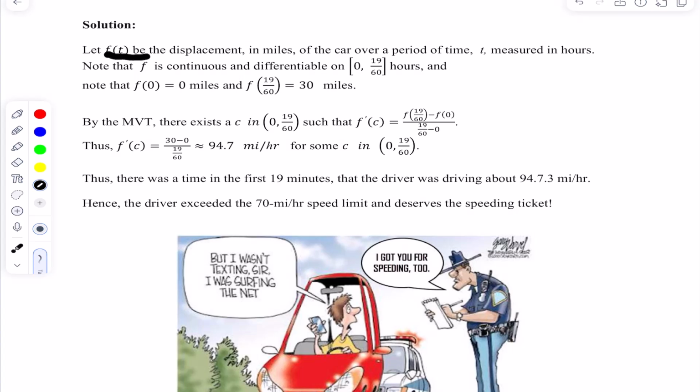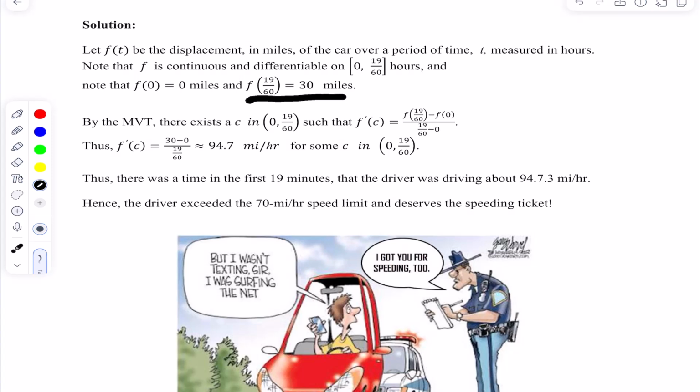So let f of t be the displacement in miles of that car over a period of time, and this time t is measured in hours. This displacement is continuous and differentiable on this time interval measured in hours. And note that f of 0 is equal to 0 miles because that's what the first officer stated and recorded.